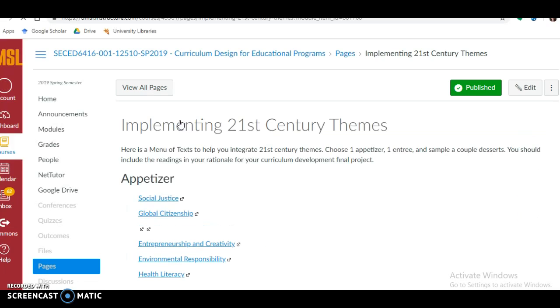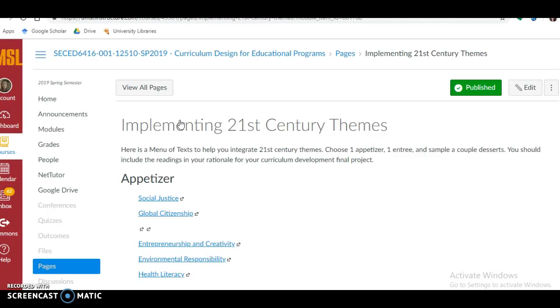However, I do want to see that in at least 20 items on your final exam, so whether that is 10 learning activities and 10 assessments out of the 20 total activities and 20 total assignments, that they are either differentiated or that there are 21st century themes embedded.